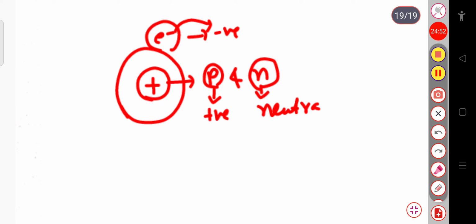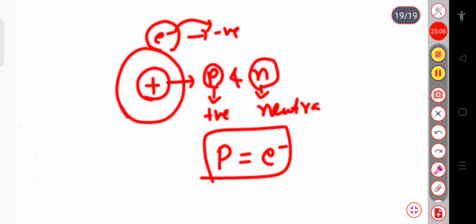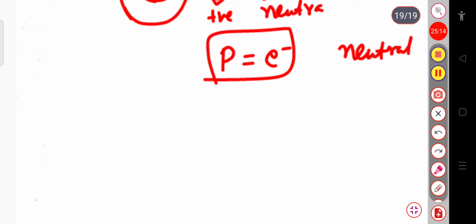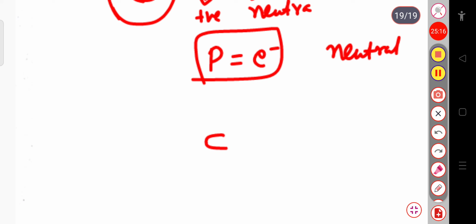Okay. So as a whole, just remember one thing: since the number of protons equals the number of electrons in an atom, we can say that the atom is always in its neutral state, that is, it has no charge. Suppose I consider a carbon atom, 6C12. In this case this is the atomic number, or the proton number.